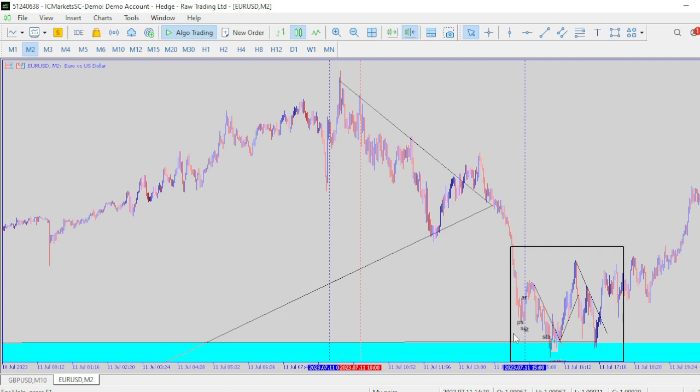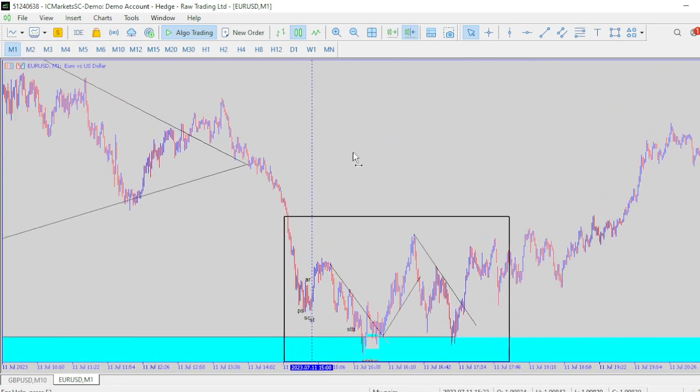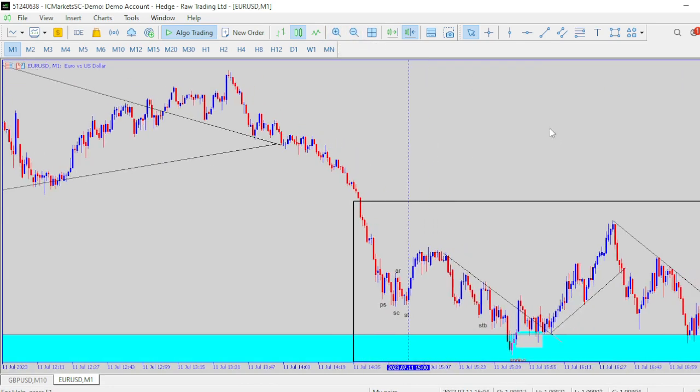You see, from daily all the way to 1 minute. And this accumulation was formed exactly during New York.